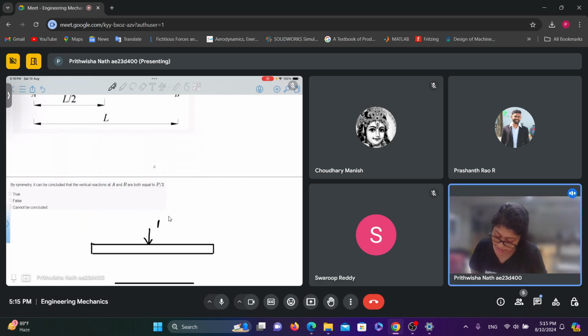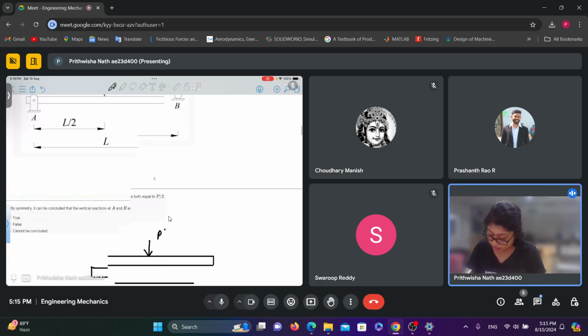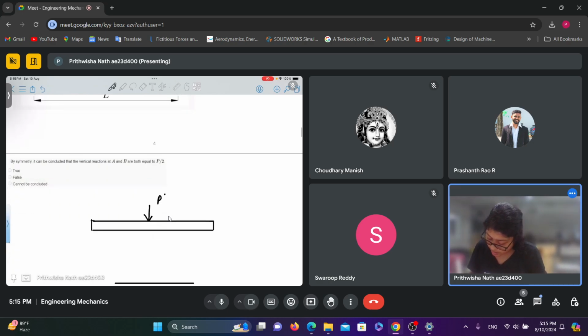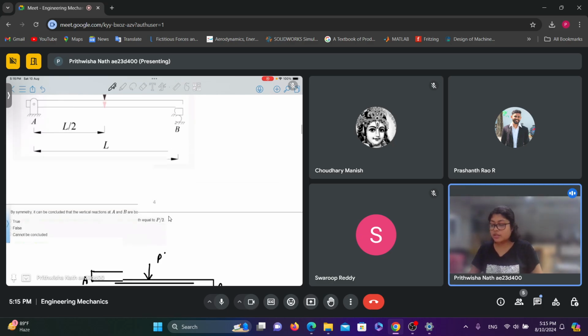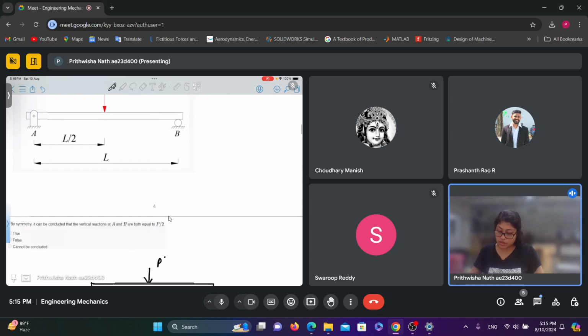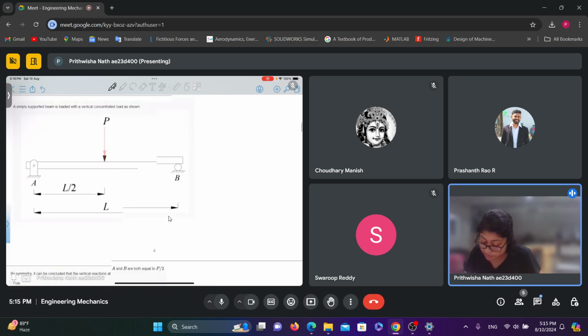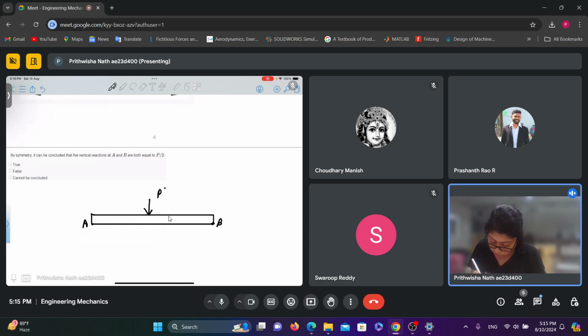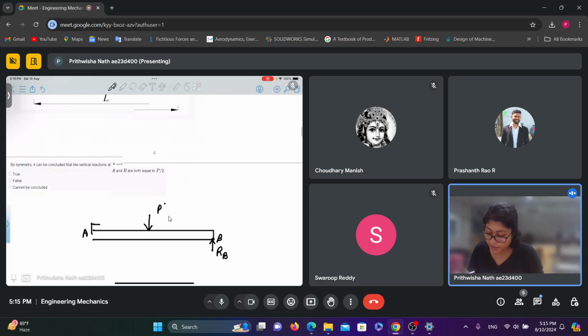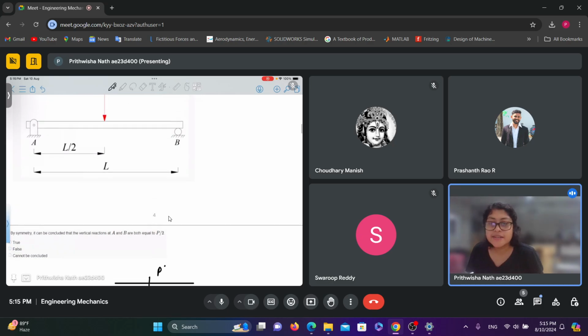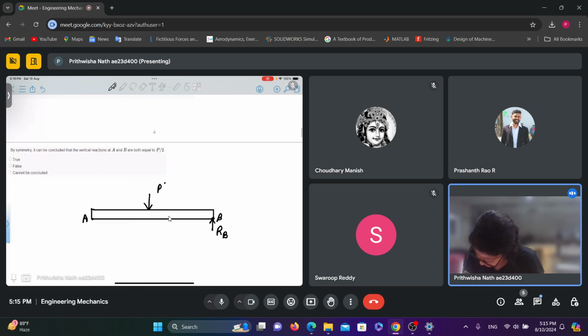Force P is acting at the midpoint, and this is A, this point is B. Now this end B is supported by a roller support. So let this be RB, the reaction force at B, and at A there is a pin joint. And let this be my coordinate system.